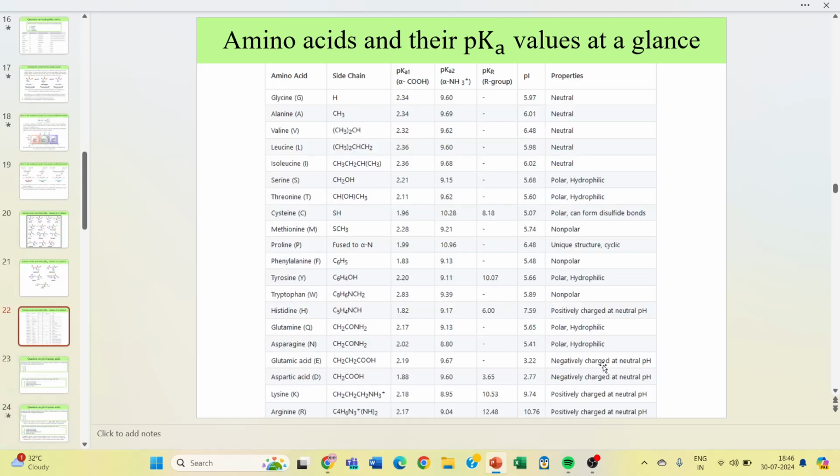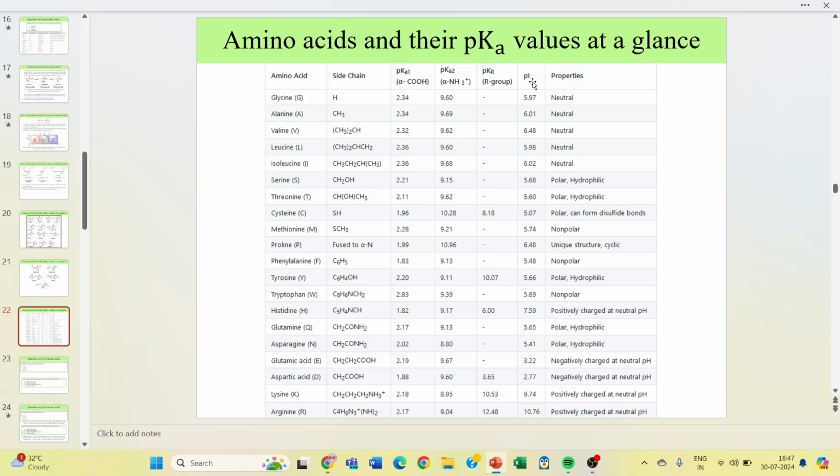Then this is a chart which tells you about the different amino acids, the different side chains that they have, the pK1 of the alpha carboxylic group, the pK2 of the alpha amino group, and the pKr of the R side chain.